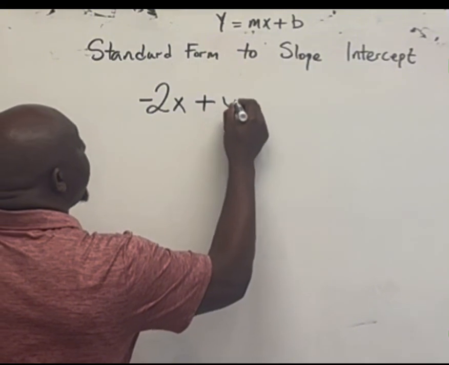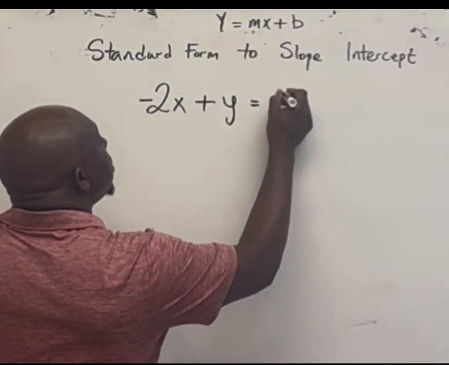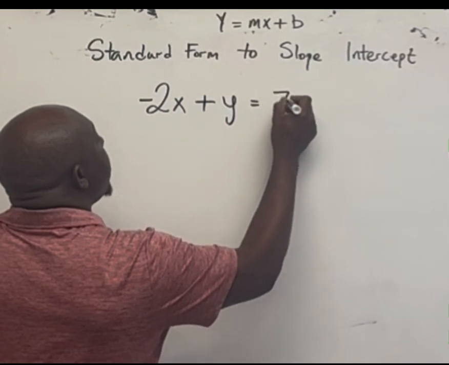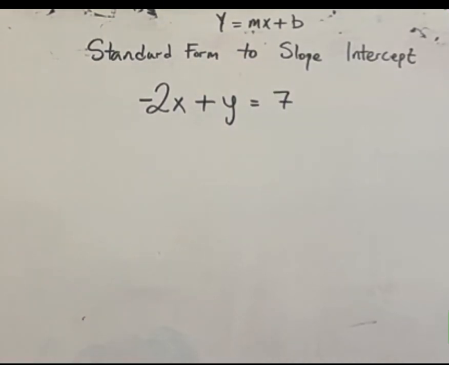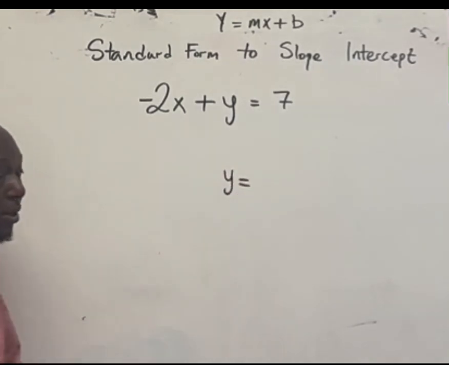Let's do this one now. Negative 2x equals, let's say, 7. Pay attention. Now, remember, to look like this it has to be y equals something, right?